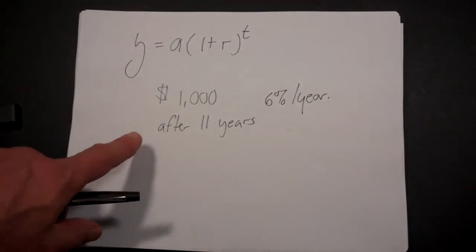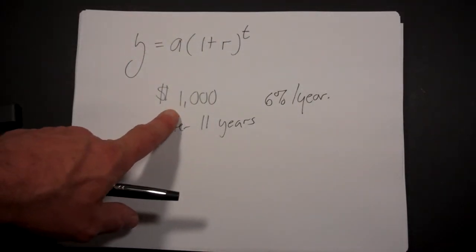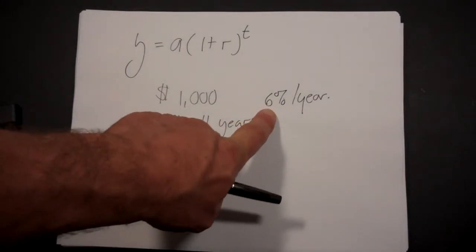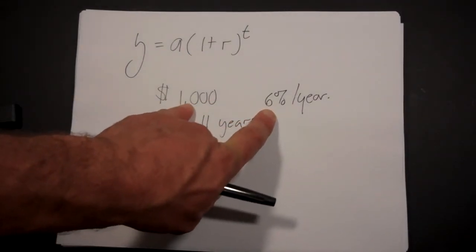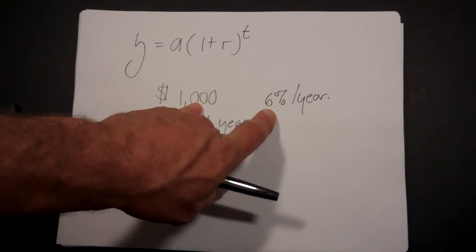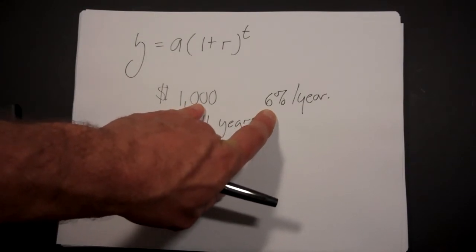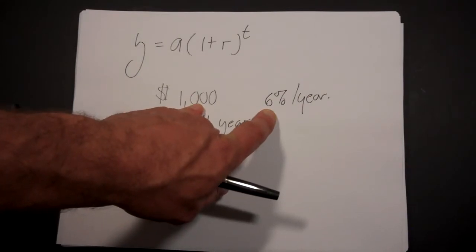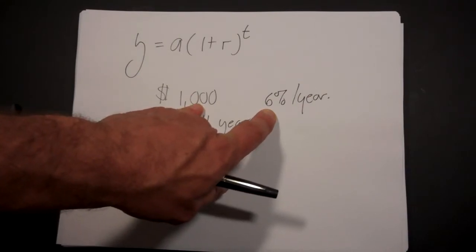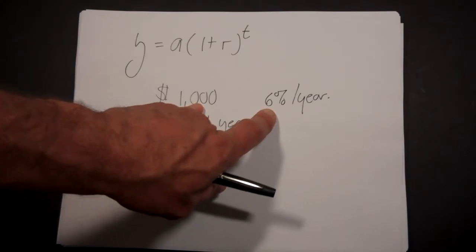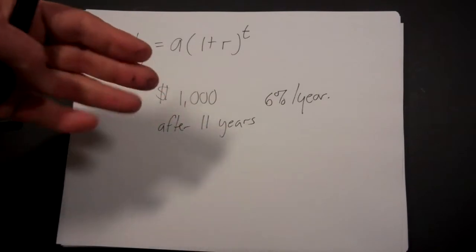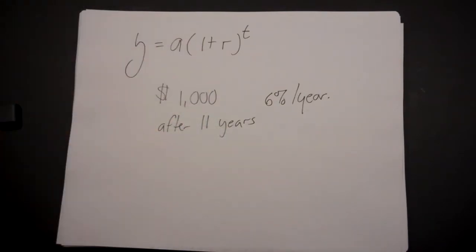It's more than that. The reason is that after the first year you have not $1,000 but $1,000 plus 6%, which is $1,060. Now in the second year when it grows 6%, you get 6% not on the original $1,000 but on the $1,060. So what happens is you get interest on the interest.